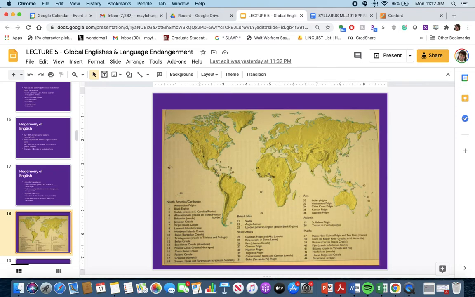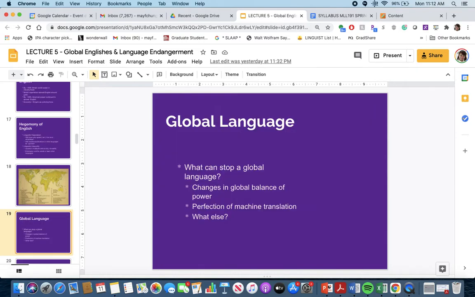A lot of these pidgins have died, and a lot have turned into more of an official language of English. This shows the broad reach that the British Empire had. They went to all these different places to colonize or to trade, and this is how English was able to spread across the world.